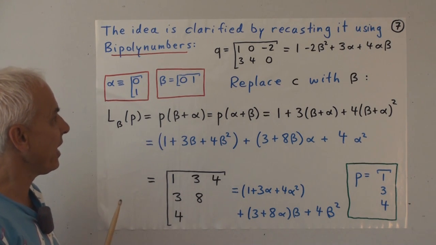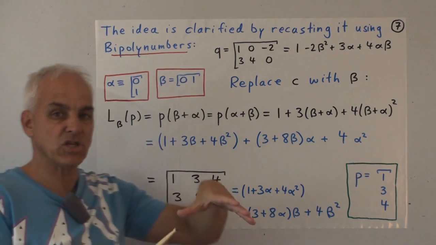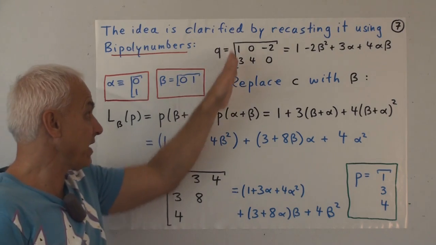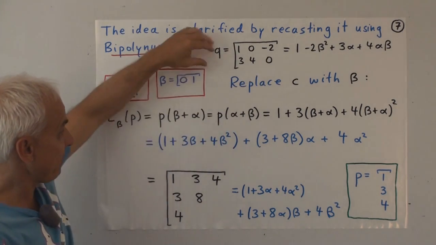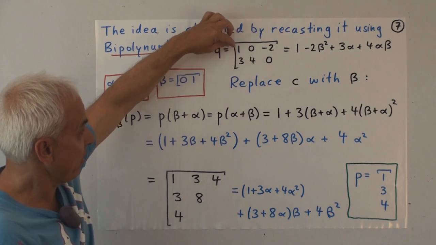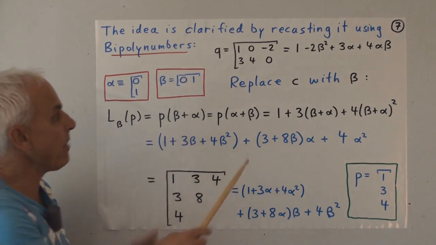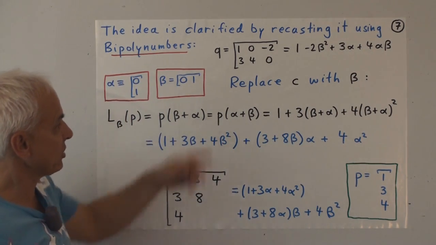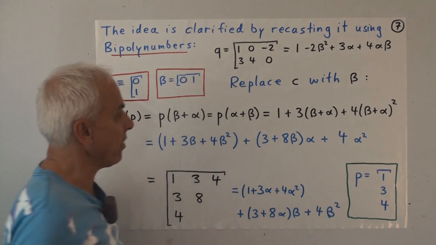And I remind you that we've talked about polynumbers. They are generalizations or extensions of polynumbers where we don't just have things going down in columns, or along in rows, but we have a rectangular array involving both columns and rows. So for example, this is an unrelated example of a bipolynumber. It's called Q. It's written in this rectangular kind of array.